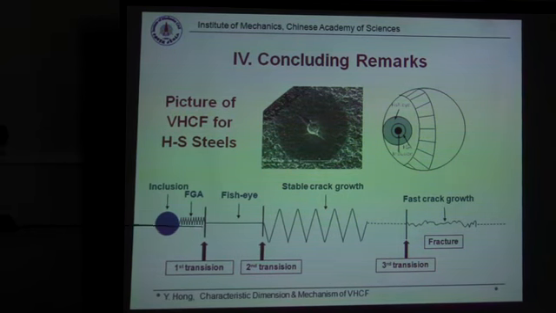The morphology is a fine-grained area, and it may consume more than 95% of the fatigue life. And the crack growth rate is very, very slow. The value is between 10 to the minus 12 and 10 to the minus 13 meters per cycle. And the main reason is due to the crack contact pressure. So that's my presentation.